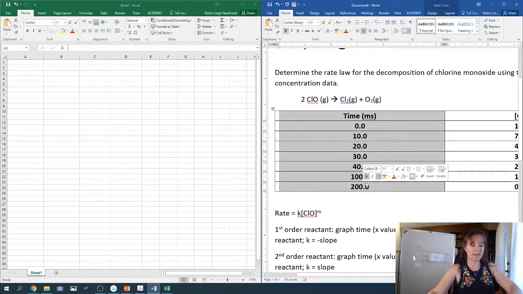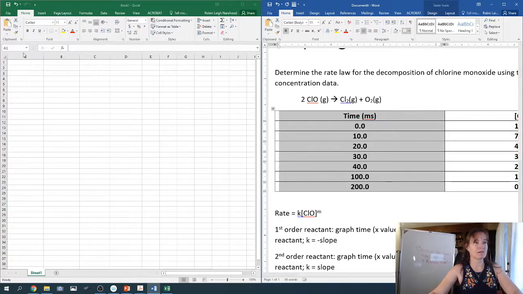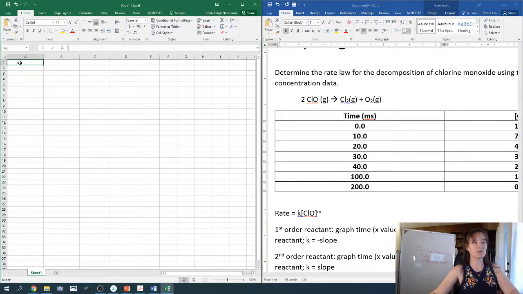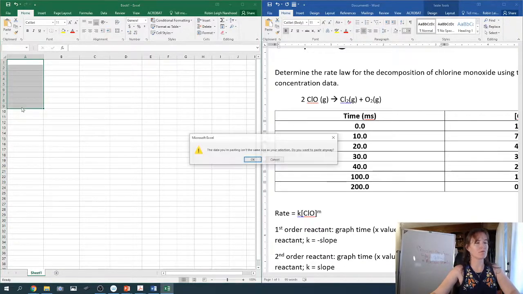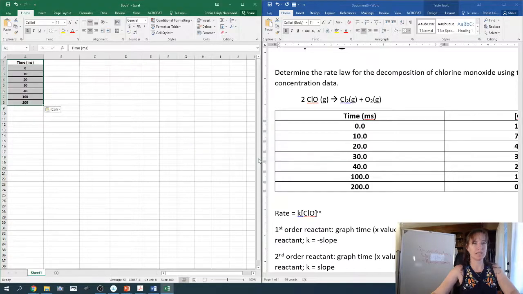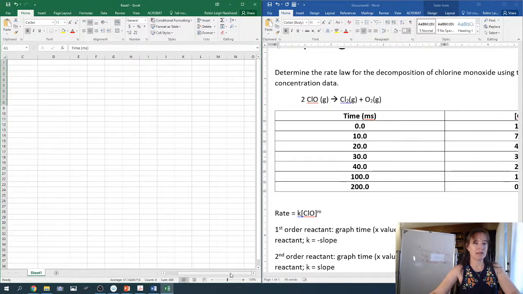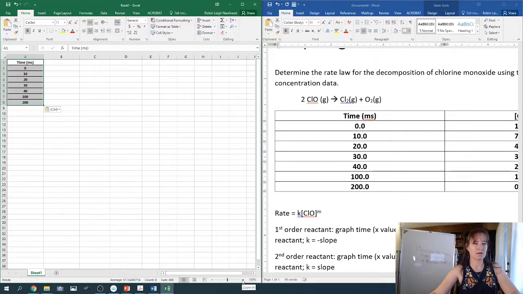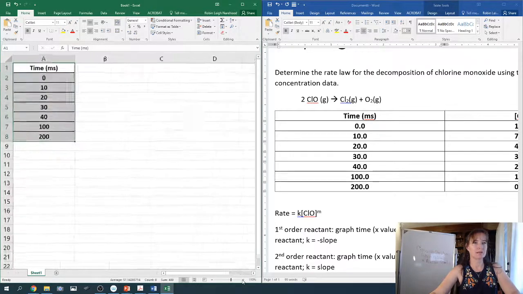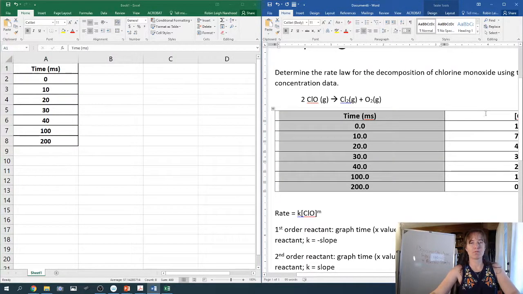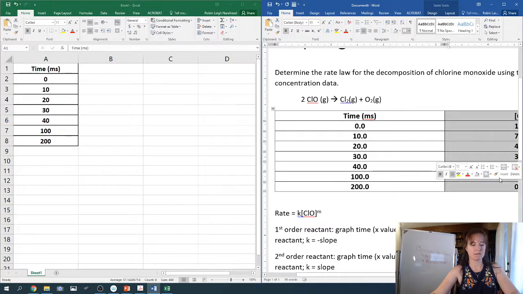I'm just going to take this data and see if I can copy it. When you put it into Excel, you want to always have the heading. It does not paste. Okay, so I chose too many. Okay, I put my data in, time, and then I'm going to put my concentration data in.